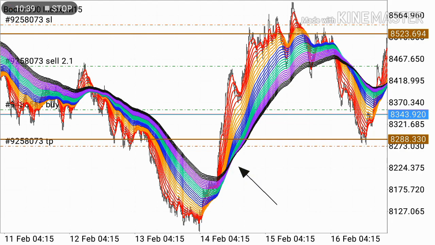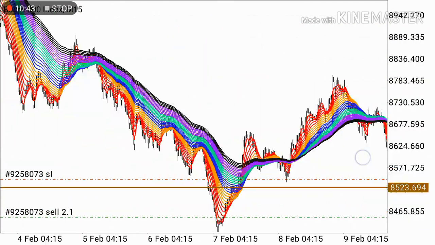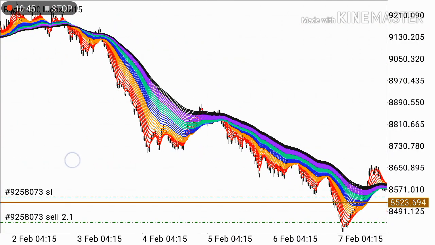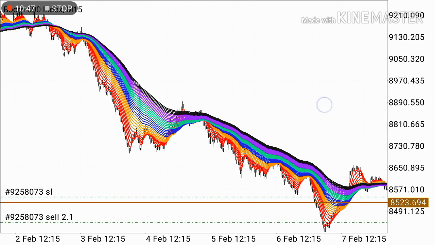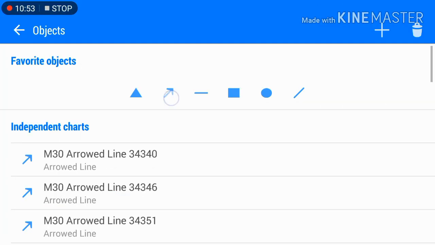Once crossing, take your position. Look here, awesome, sell. Crossing and trade.